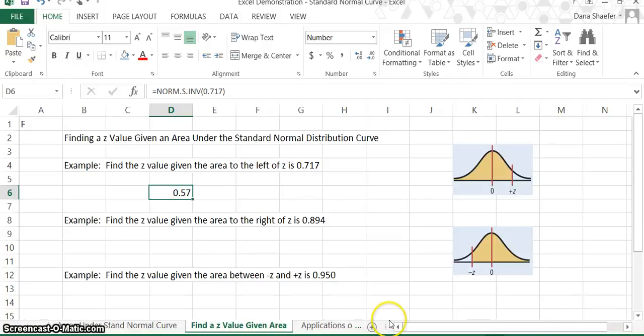The next one down says find the z-value given the area to the right. So now I've got this shaded in gold over here, and this area is 0.894. So the area in gold is 0.894. I'm trying to come up with the z-value.